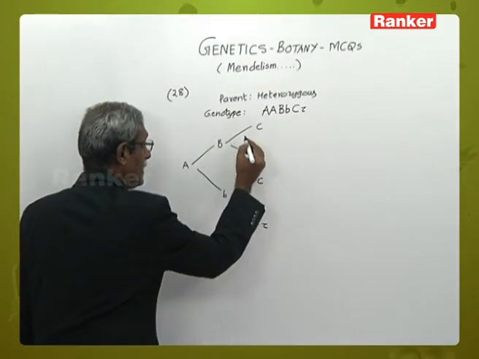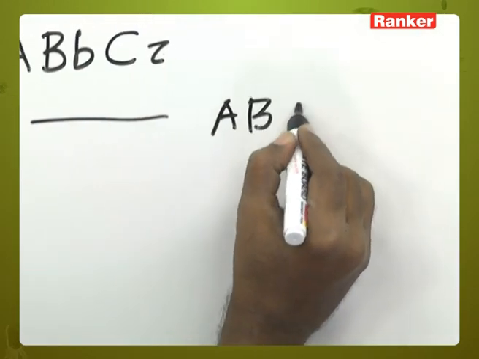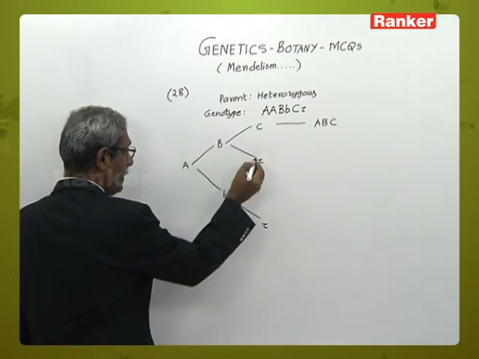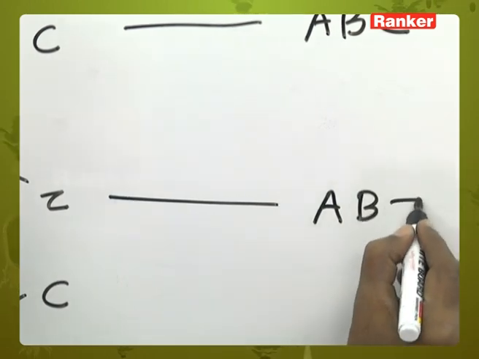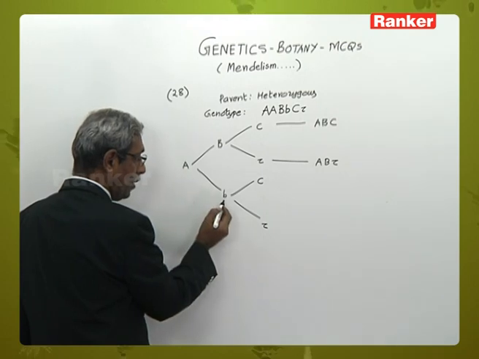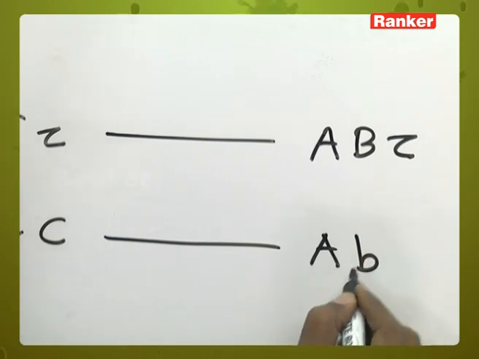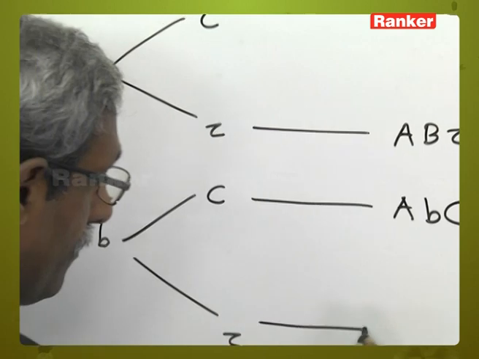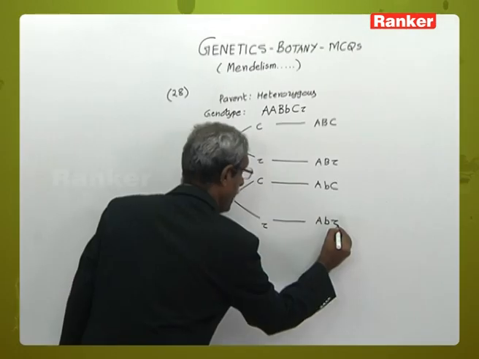When A, B and C combine, we have the formation of a gamete called A B C. In the second combination, we have a capital A, capital B and a small c. In the third combination, we have a capital A, a small b and a capital C. And in the last combination, we have a capital A, a small b and a small c.